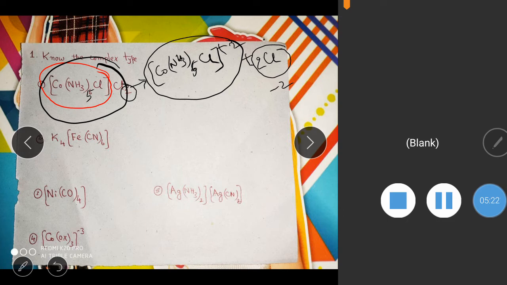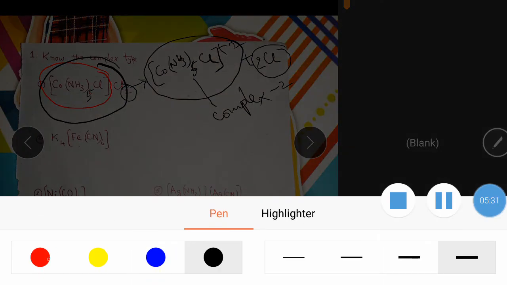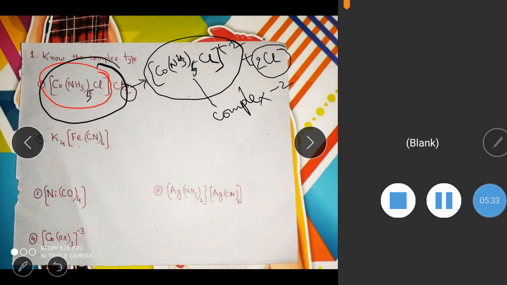So meaning this is a complex ion. What is the charge of the complex ion? It is plus charge. So this is called a cationic complex. What do you call this? Cationic complex.